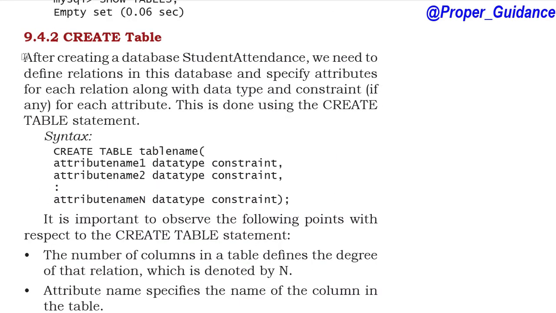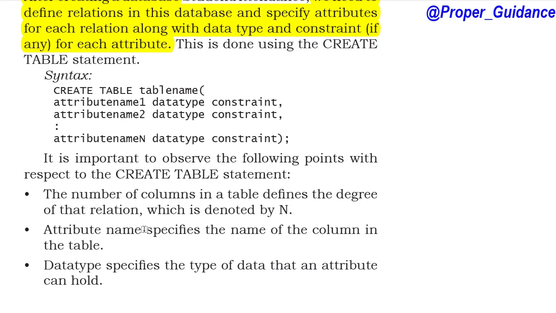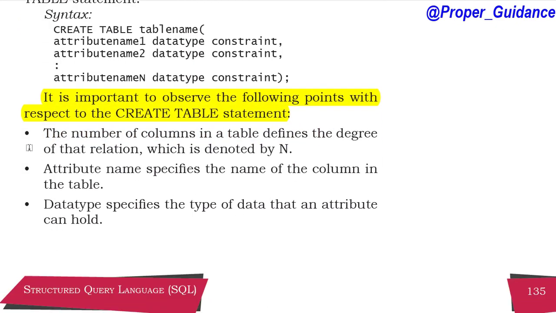Now, create table. After creating the database student attendance, we need to define relations in this database and specify attributes for each relation along with the data type and constraints, if any, for each attribute. This is done using the create table statement. Syntax: create table, table name, attribute name, data type, constraint, like this. It is important to observe the following points with respect to the create table statement.